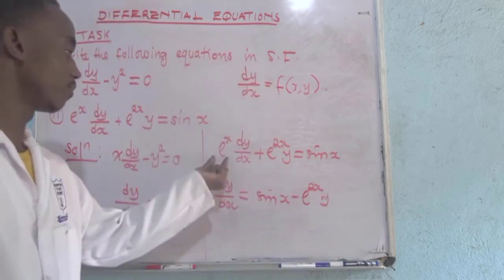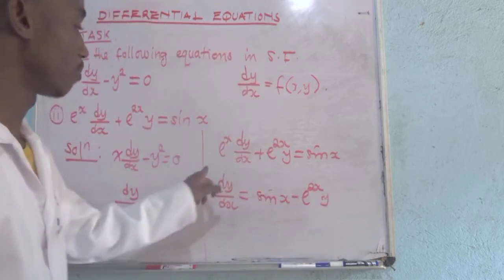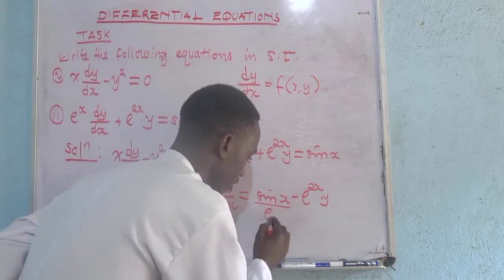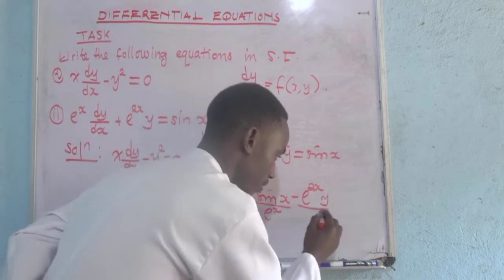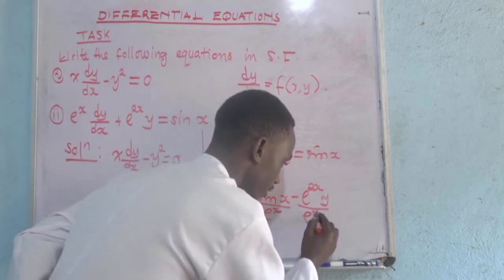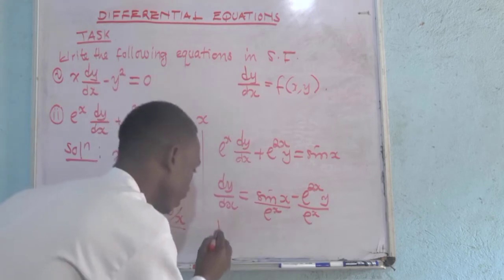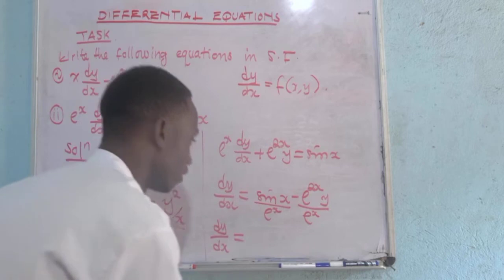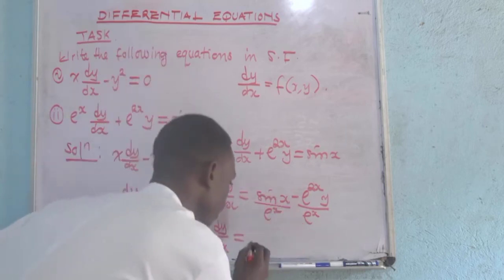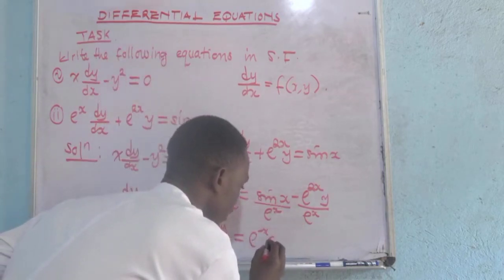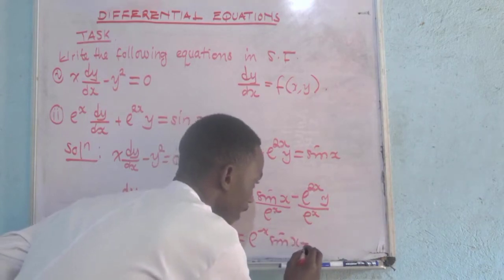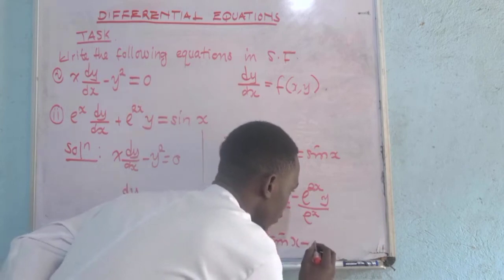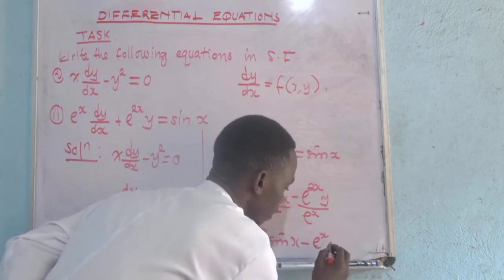And then to get rid of the e to the x here, it's as good as dividing through by e to the x. So dy/dx is equal to e to the negative x sine of x minus, and this one will cancel with one of them there, so you're only going to have e to the x times y.